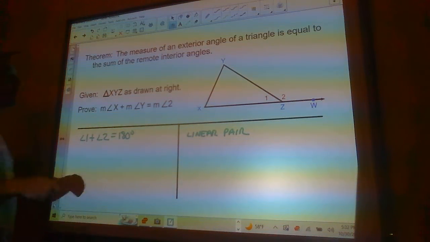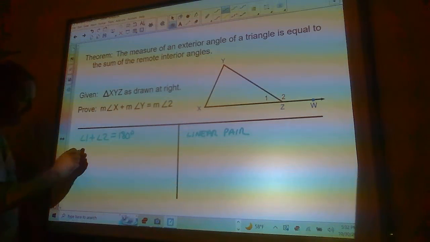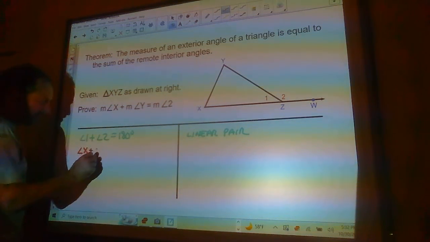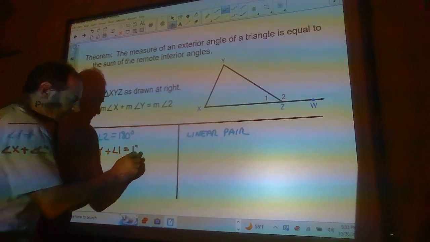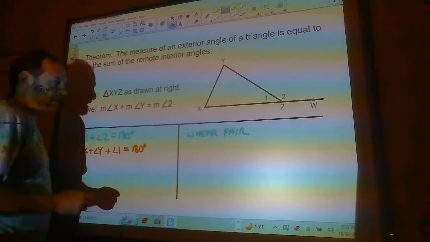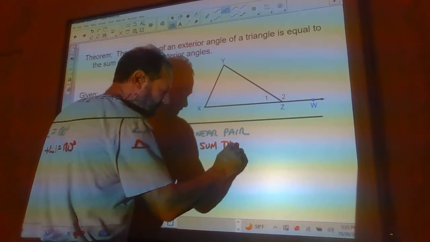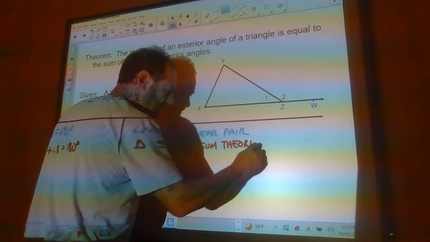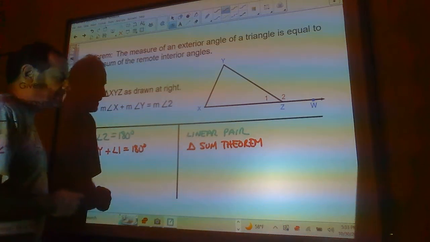We also know that angle X plus angle Y plus angle 1 equals 180 degrees because of the triangle sum theorem. The three angles in a triangle always add up to 180 degrees.